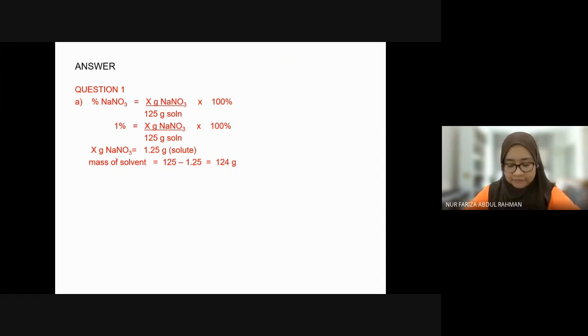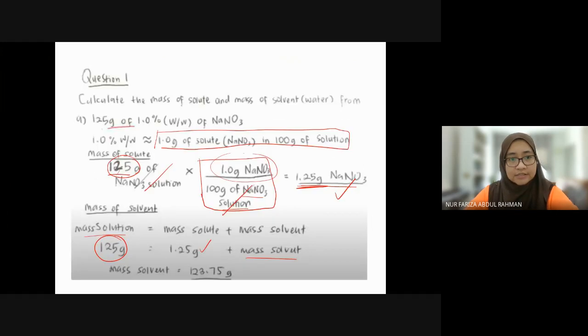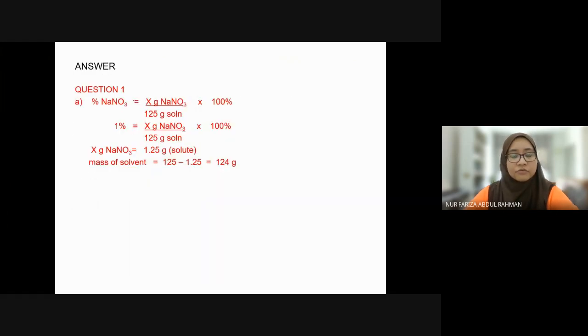As an alternative to this answer just now, you can also use this as your answer, where we have the formula of the mass percent itself.